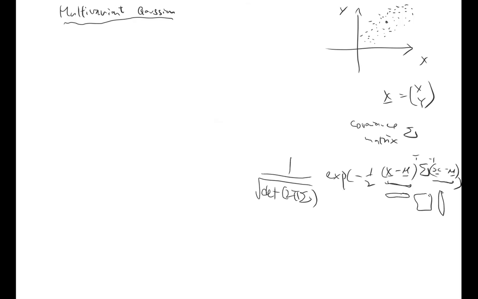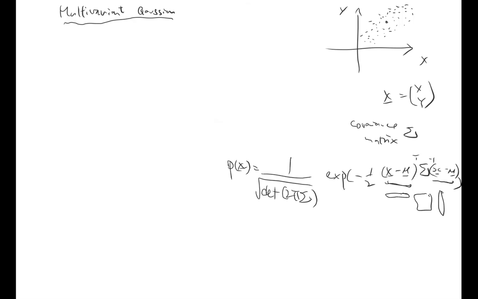So that's the PDF basically, p(x). So any question for that? This is for the multivariate Gaussian. So the PDF for the multivariate Gaussian, and we can do the same thing. Okay, find the covariance matrix for this guy.